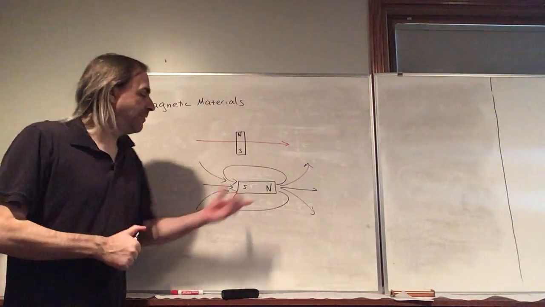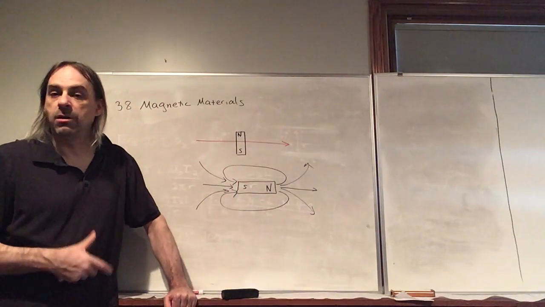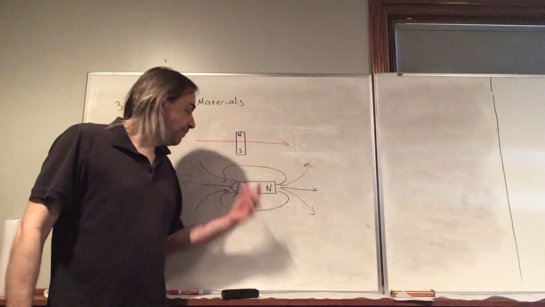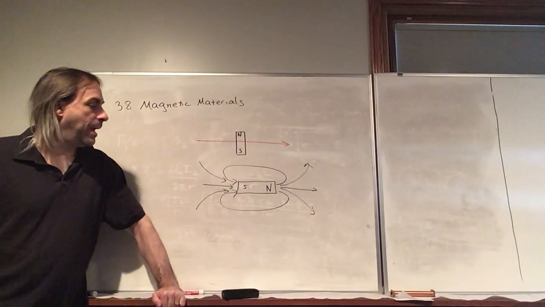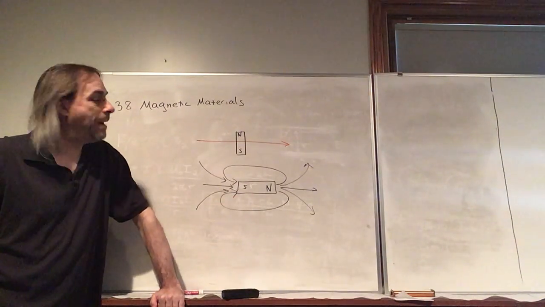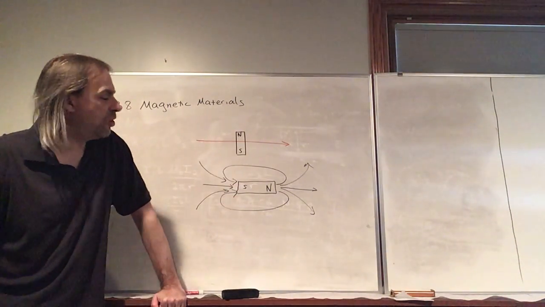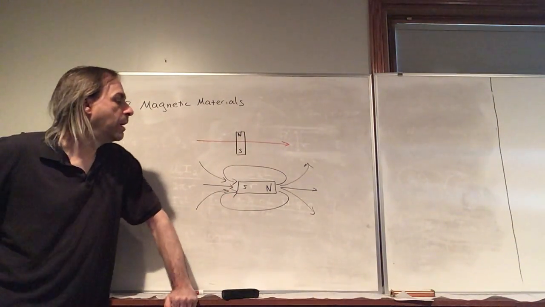When you have a positive and negative charge separated by a small distance, that's called a dipole, like an electric dipole. And so again, it looks just like a bar magnet. Now, for historical reasons, we call these poles.